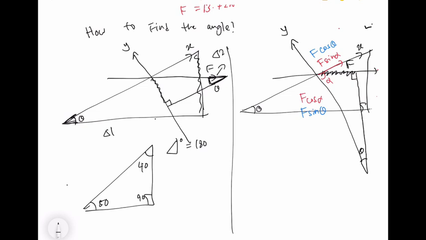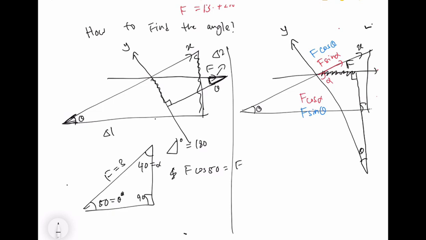With this logic, if I call this angle theta and this alpha, and F is equal to 3, then F cos of 50 must be equal to F sine of 40, because I'm projecting it here.